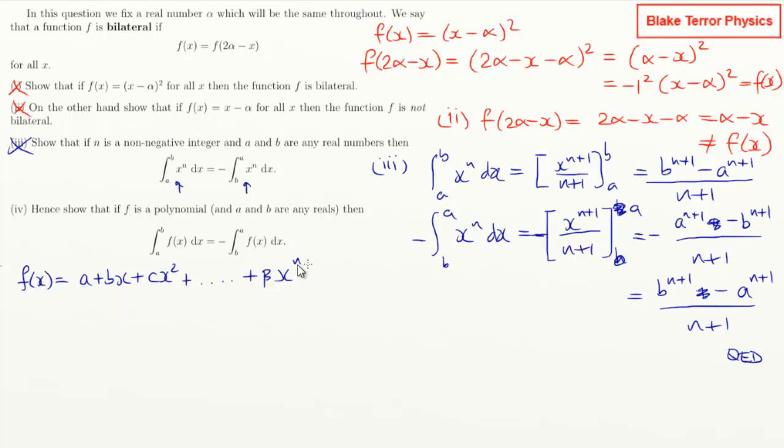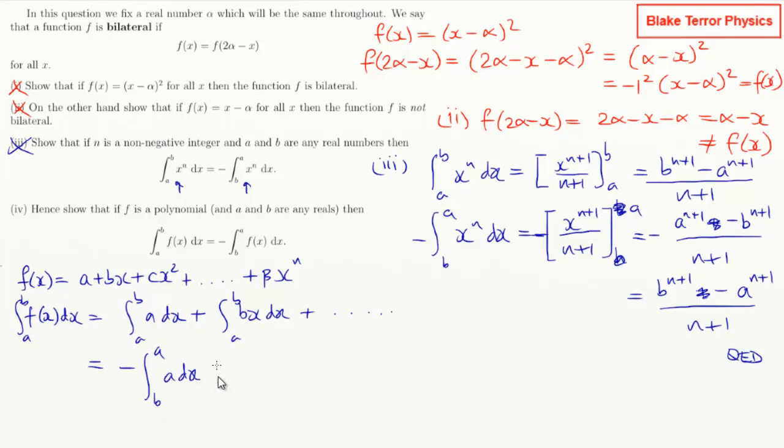So if we then integrate this, we can say the integral of f of x dx from a to b is going to be the integral of a from a to b dx plus the integral of bx from a to b dx plus etc. all the way along, and of course that is going to be equal to minus the integral from b to a of a dx minus the integral of b to a of bx dx minus etc., which then equals minus the integral of b to a of f of x dx.